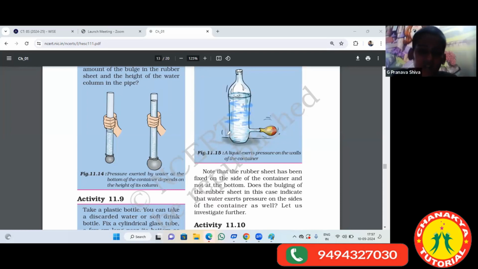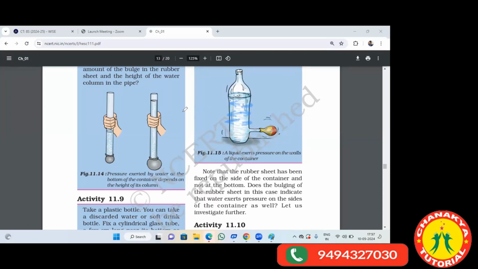What does the height of the water do with the expansion of the balloon? As we have just seen, the height of the water is directly proportional to the pressure. If you fill water to a greater height, it will create a greater pressure, and hence the expansion of the balloon will be greater.